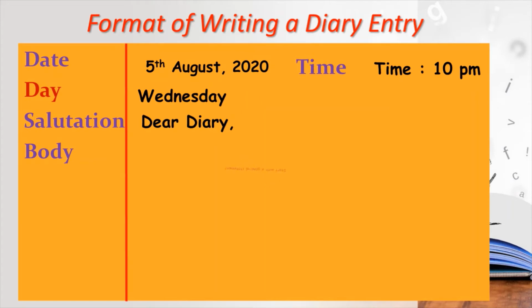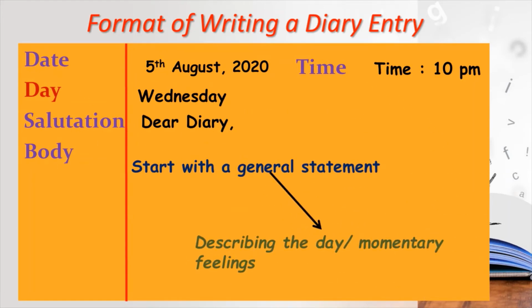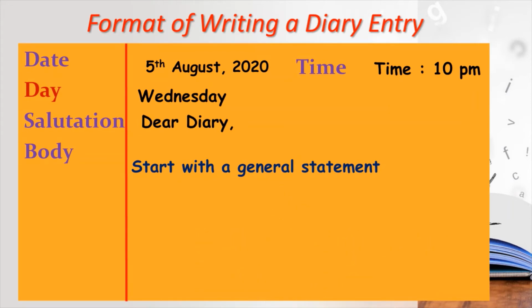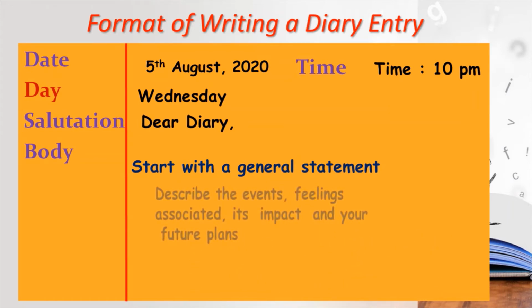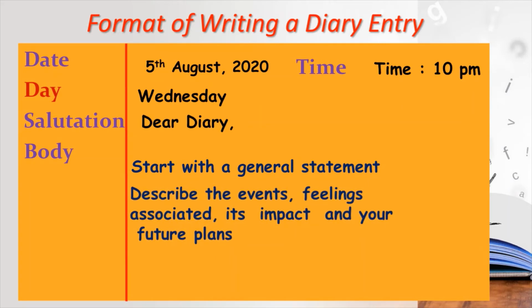The body of the diary usually starts with a general statement that describes the day or the momentary feelings associated with it. So there you can express your feelings as I'm very happy today, I'm excited, I'm depressed, I'm exhausted, and so on.